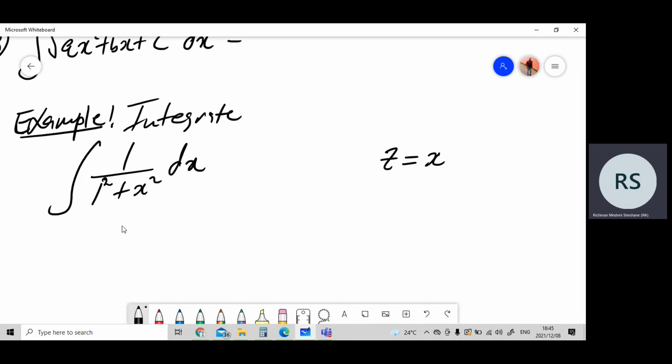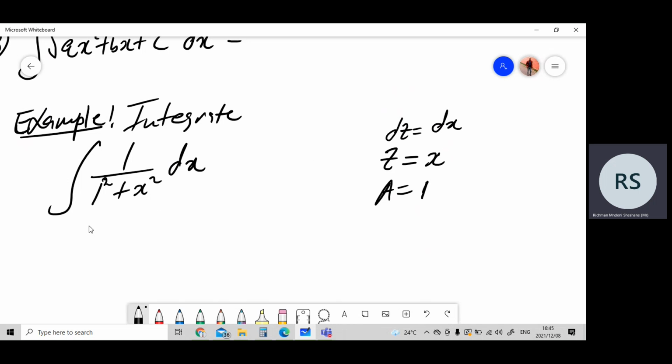We also choose a such that it's a constant but squared, so this a can be 1. Always from z, find dz. When you differentiate, dz over dx equals 1, and cross multiplying we see that dz equals dx. So when you have z equal to x, dz equals dx.